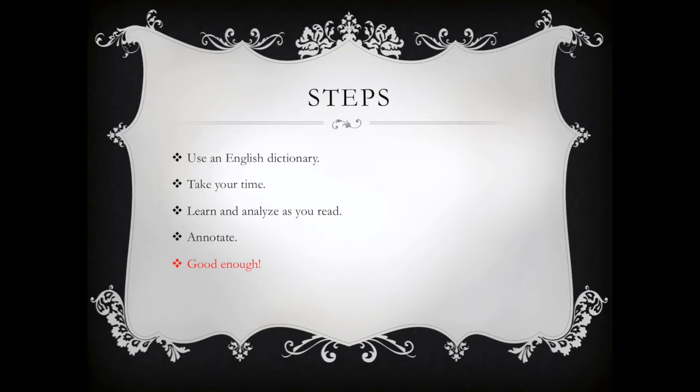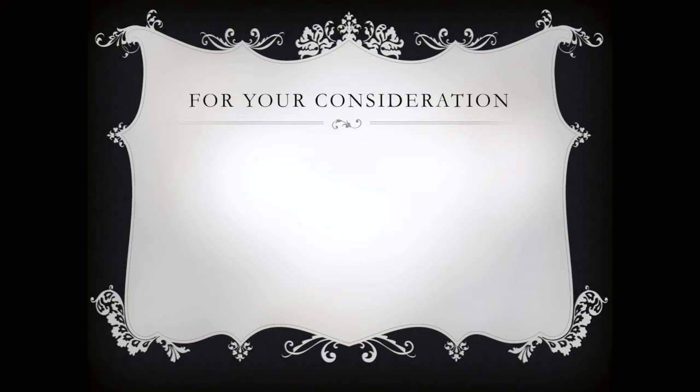And once you've gotten a fair understanding of it, it's time to move on. You can't really read it 3 or 4 times. It's not going to work for you. So these are just a few points for your consideration.